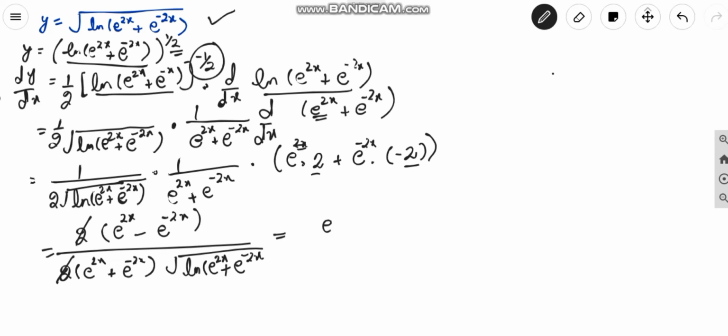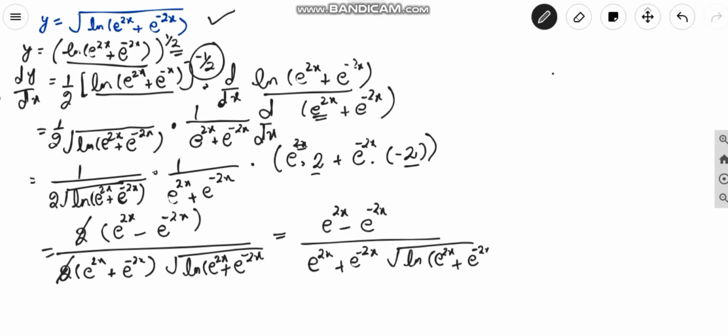So our answer is (e^2x − e^−2x) over (e^2x + e^−2x) times square root of natural log of e^2x + e^−2x. This is the required derivative of our given function.